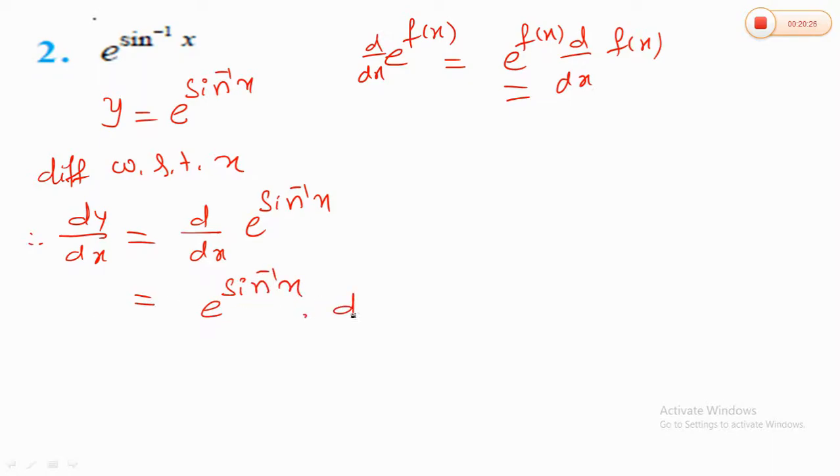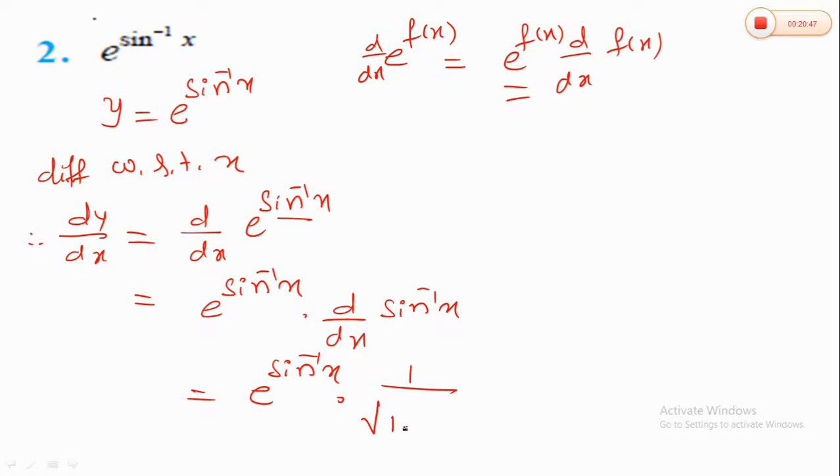Next, differentiate sine inverse x. This equals e raised to sine inverse x into the derivative of sine inverse, which is 1 upon root of 1 minus x square.